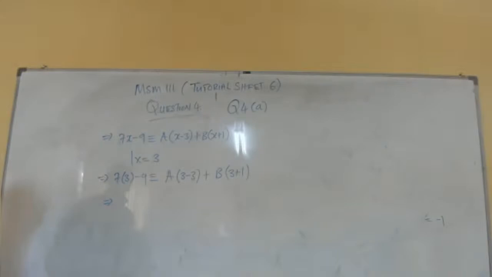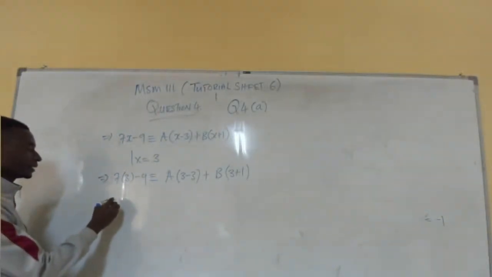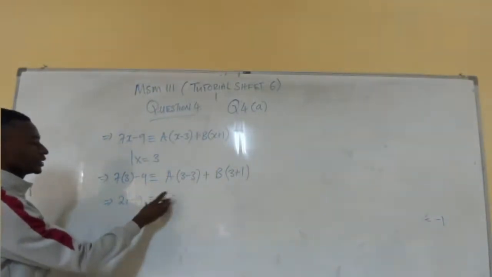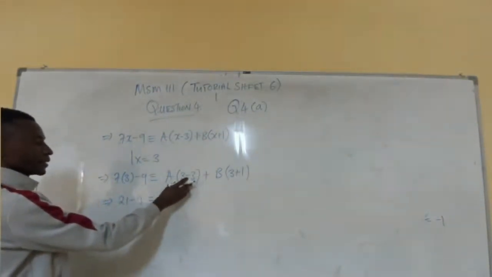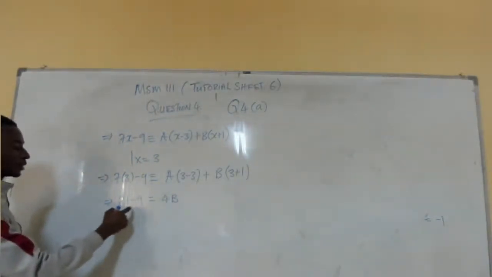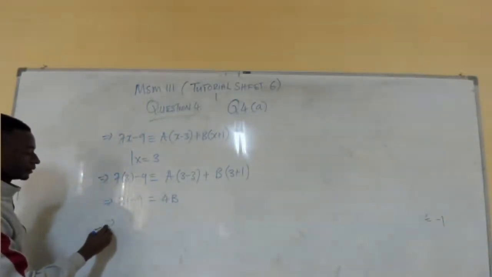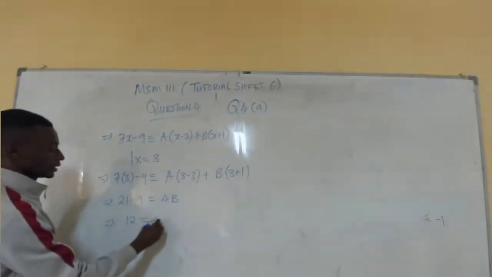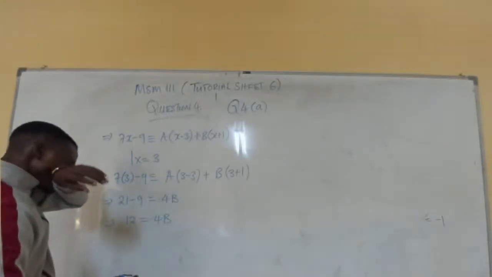So this implies that, what is 7 by 3? That's 21 minus 9 equal to, so that's 0, that's 4b. What is 21 minus 9? That's 12. So 12 equal to 4b.